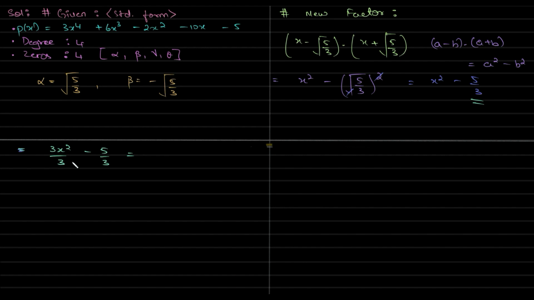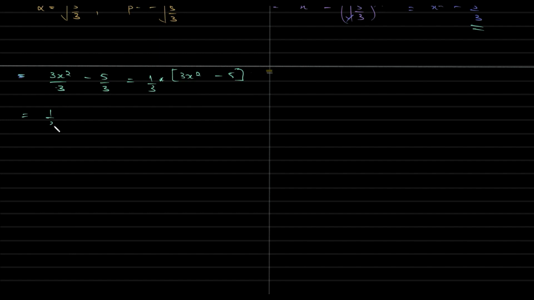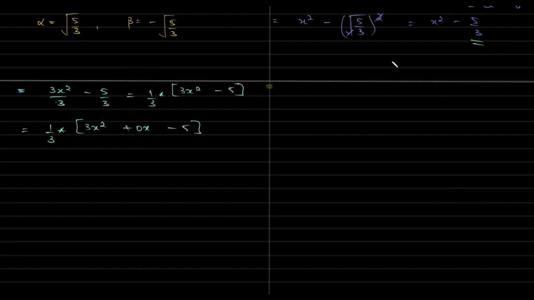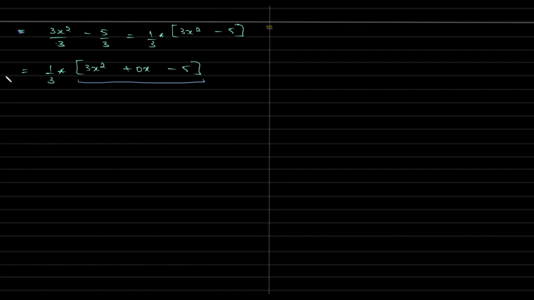Take 1 by 3 common, and we have 3x square minus 5 left out. This in turn can be written as 3x square plus 0x minus 5, just adding the missing term so that it's easy to divide. So in place of this expression, I can take this expression and actually divide. Polynomial division has that flexibility, so let's make use of that.